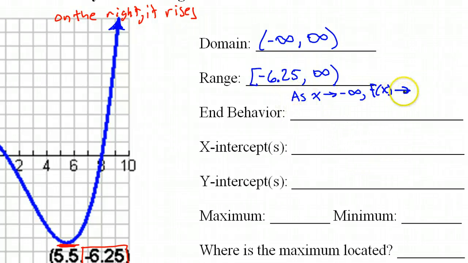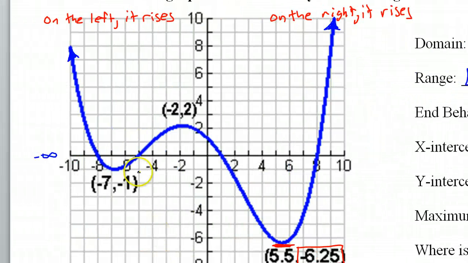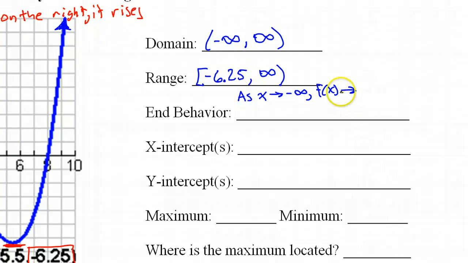So far, everything I've written, that part never changes. This means on the left, the function either rises or falls, or occasionally there's an asymptote, but we'll talk about that another time. Well, it rises, the function goes up and up and up. So how do we show that? We say it approaches positive infinity. So this is a symbolic way of saying on the left, the function rises. As x approaches negative infinity, the function approaches positive infinity.